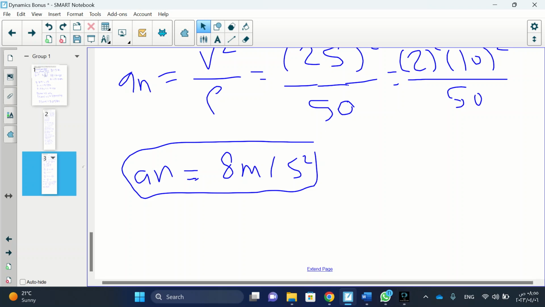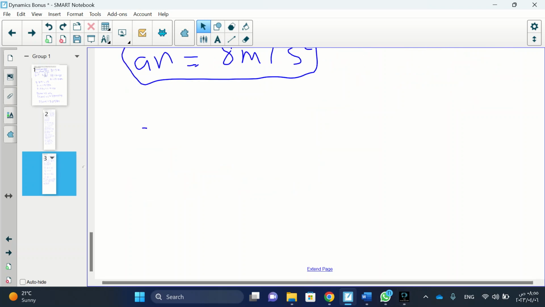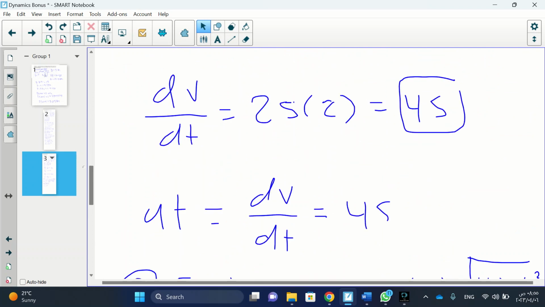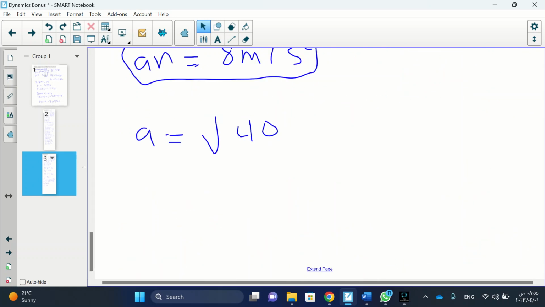So a will be the square root of at square plus a normal square. What did we get for at? at was 40, yeah, 40.